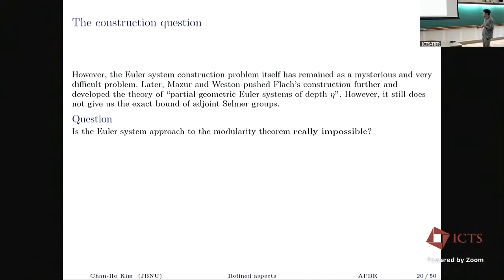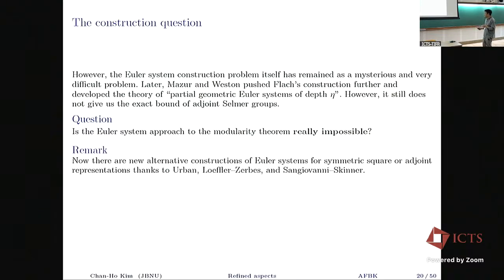After that, the construction problem itself remains a very hard problem. Manin and Weston pushed Flach's construction further to develop the theory of the so-called partial geometric Euler system of depth eta, but it still did not give us an exact bound. And the question is, is the Euler system approach to the modularity theorem really impossible?